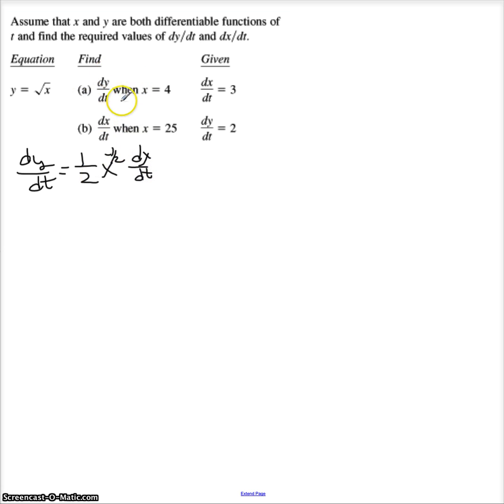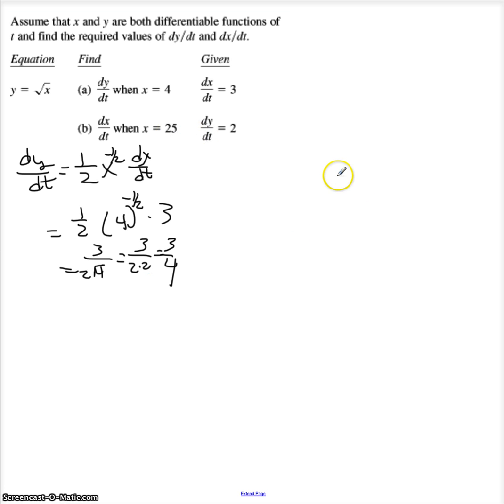So if I'm looking for dy/dt when x is 4 and dx/dt is 3, this is going to be 1/2 x, with x being 4, to the minus 1/2 times dx/dt, which is 3. So this is going to be 3 divided by 2 square root of 4, which is 3 divided by 2 times 2, which is 3/4.